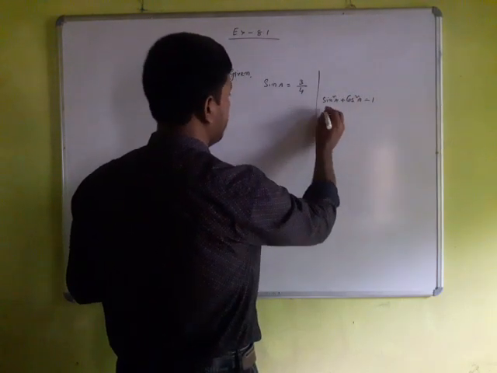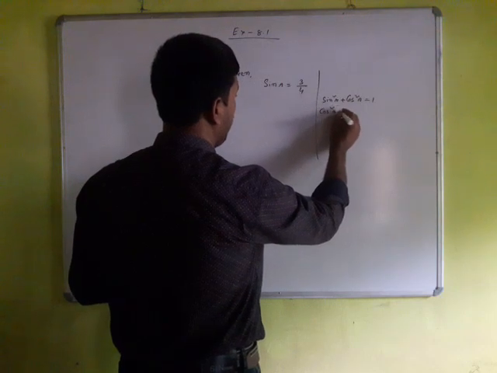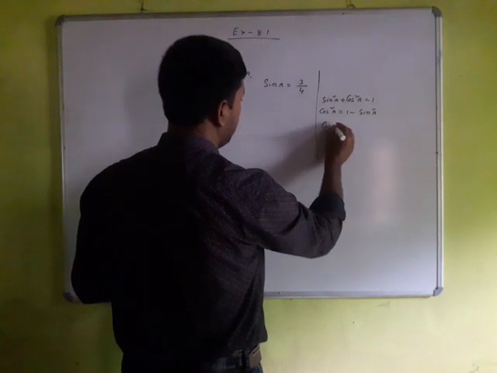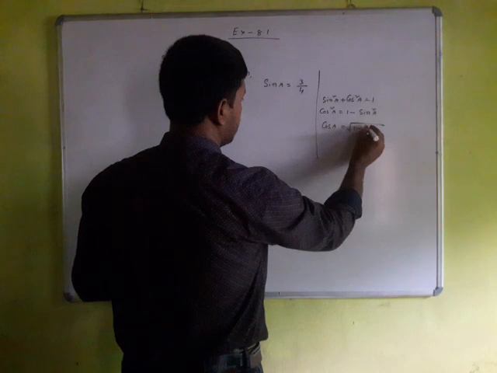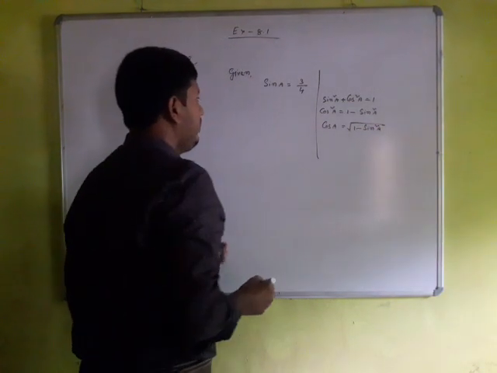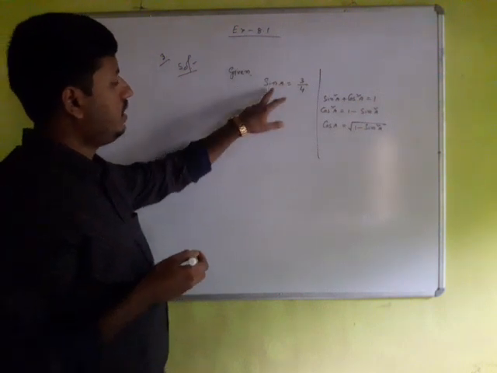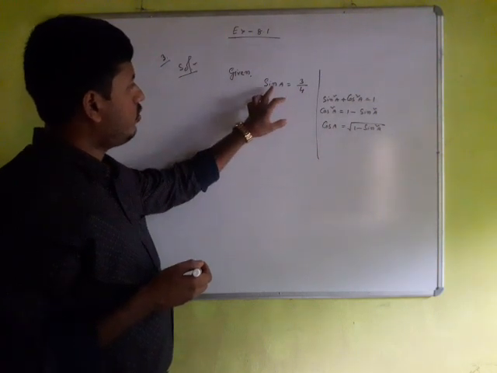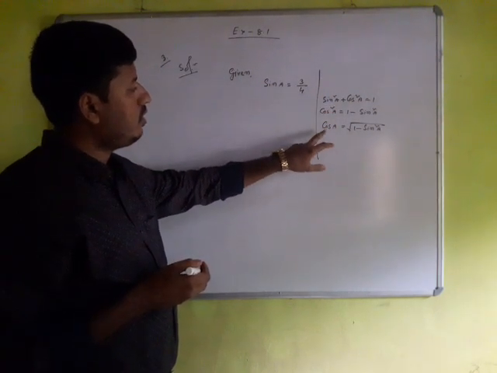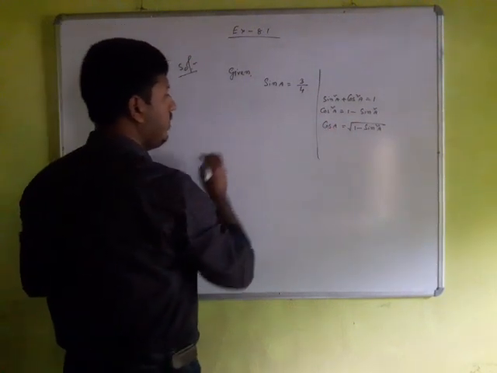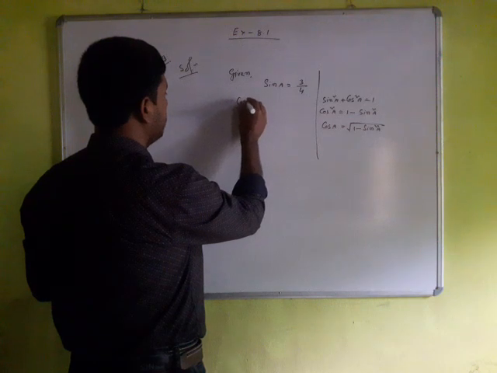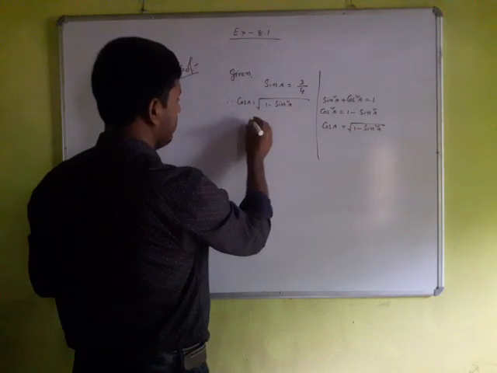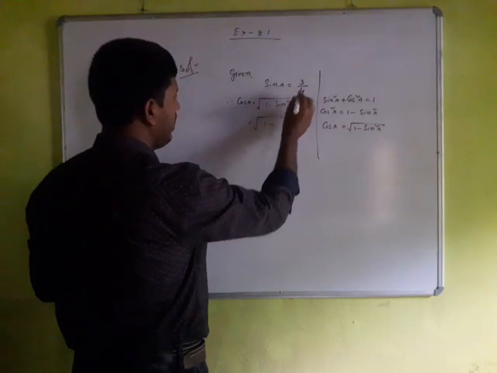So from here we can write cos square A equal to 1 minus sin square A, that is cos A equal to root over 1 minus sin square A. So if the value of sin A is given, then applying this identity we can find cos A, and conversely if cos A is given, then applying this identity we can find sin A. So here sin A is given, therefore cos A equal to root over 1 minus sin square A, equal to root over 1 minus 9 by 16.